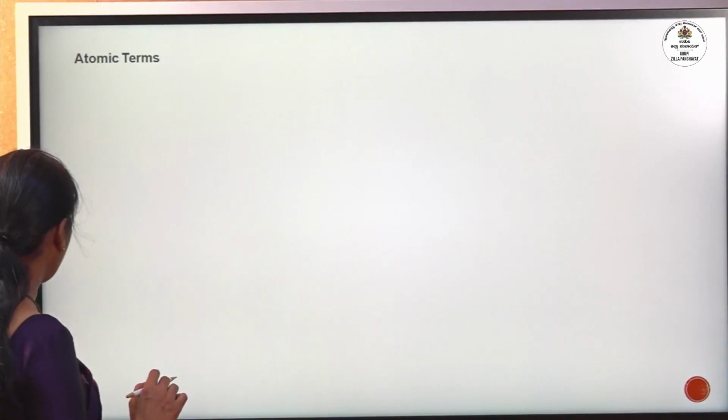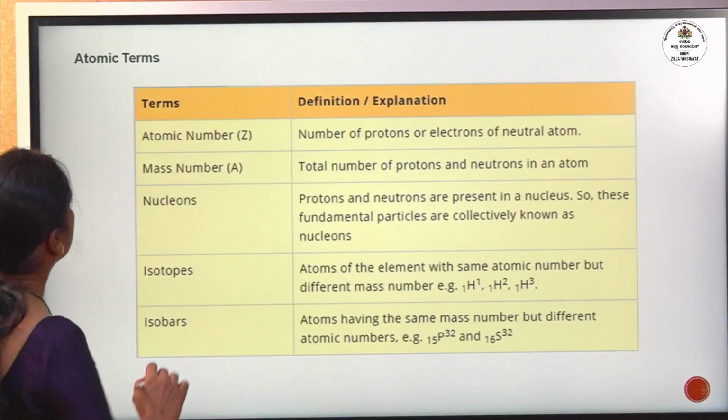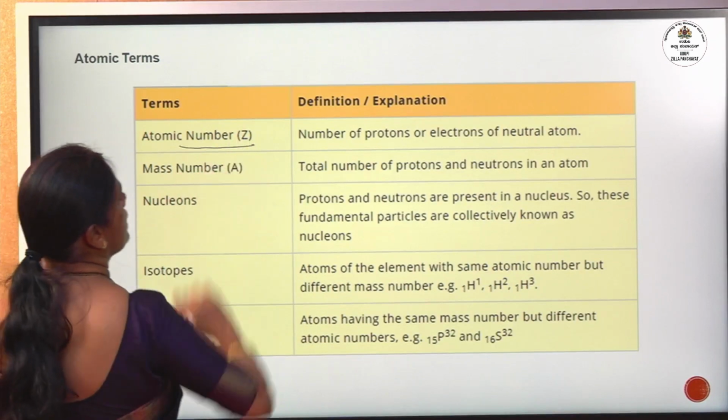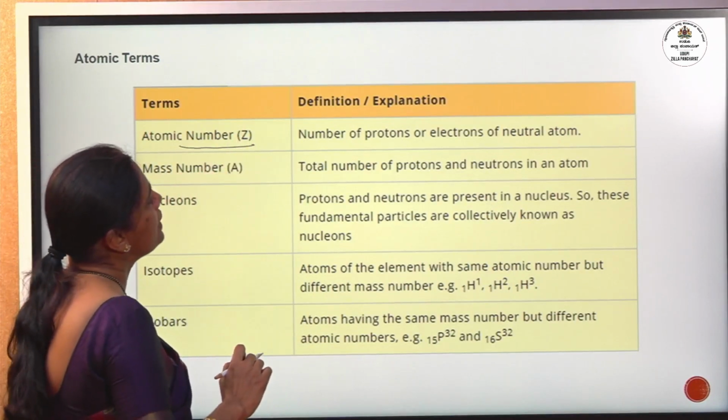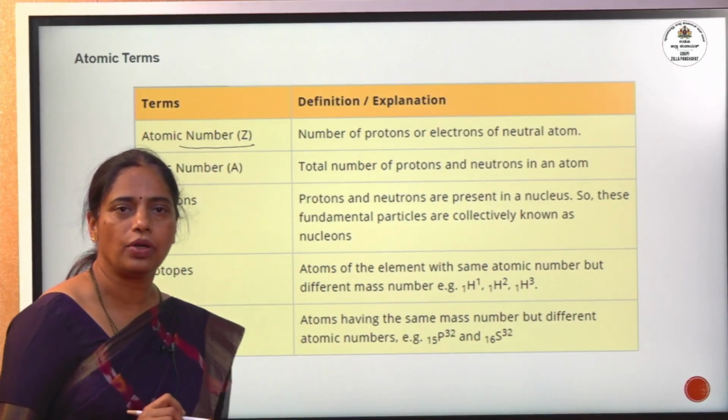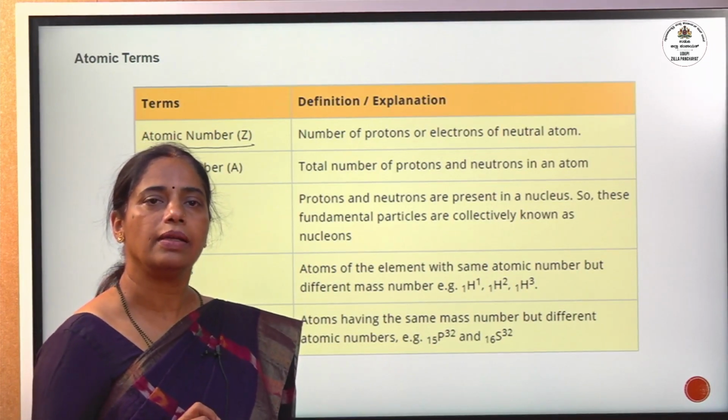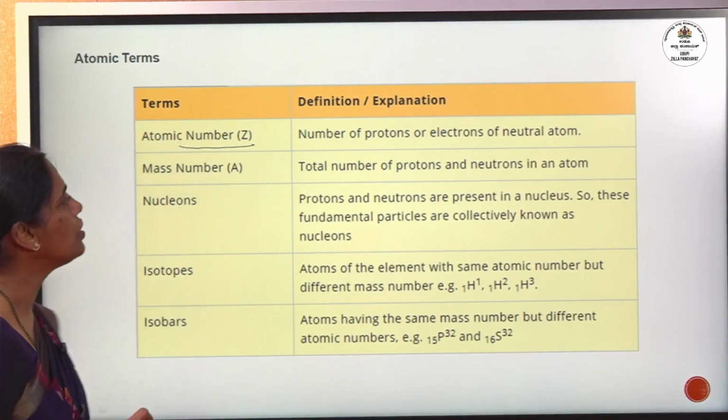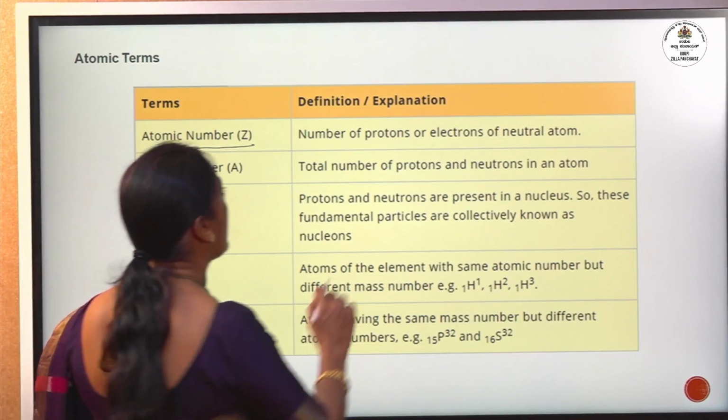Now some of the atomic terms we will see. Atomic number, which is denoted by Z, is nothing but the number of protons or number of electrons of a neutral atom.